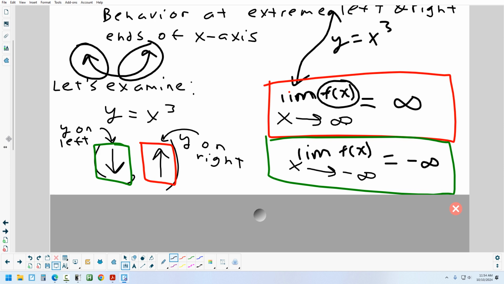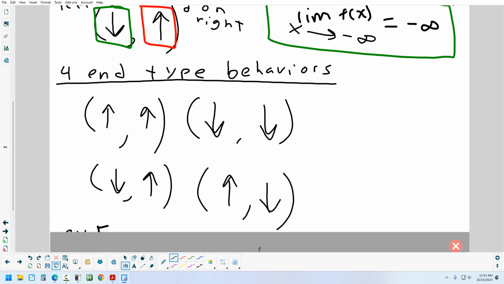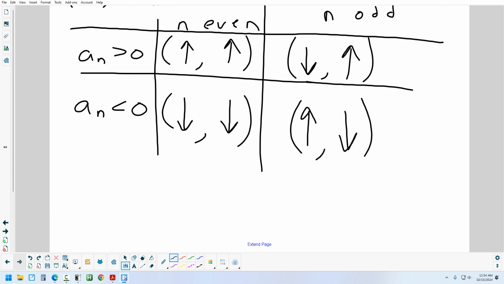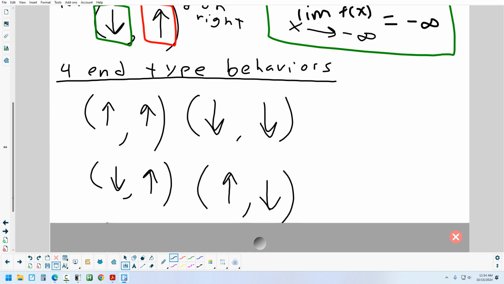Okay, so any question on that? So those are the 4 different types of end behavior: both up, both down, and then one of each. If you want a picture to go with each one, think of a parabola, flipped.